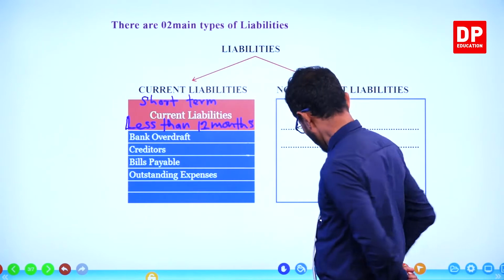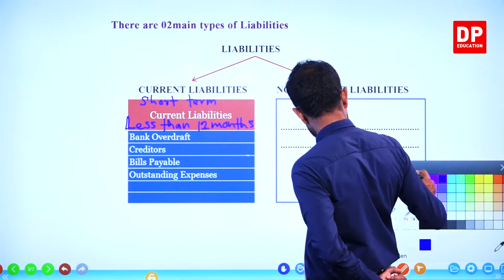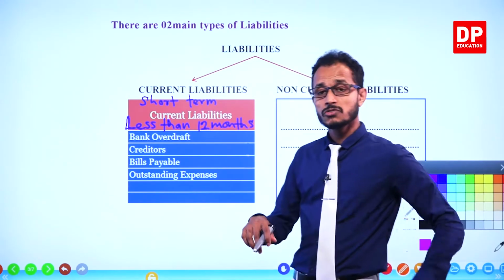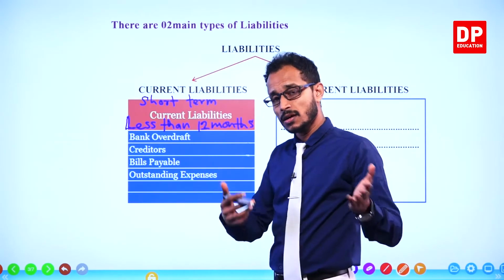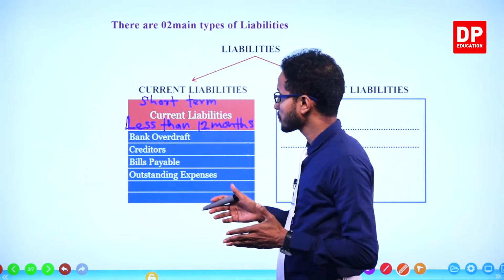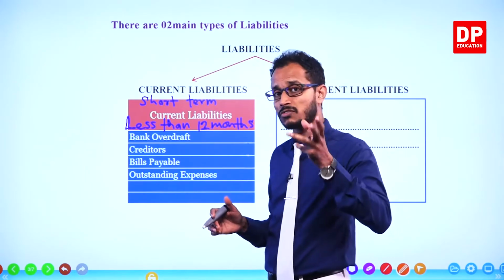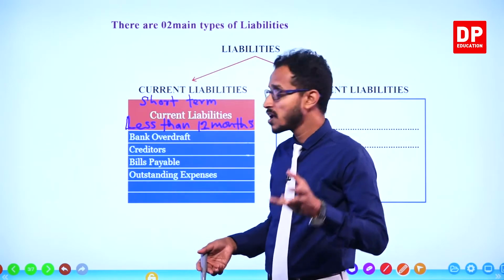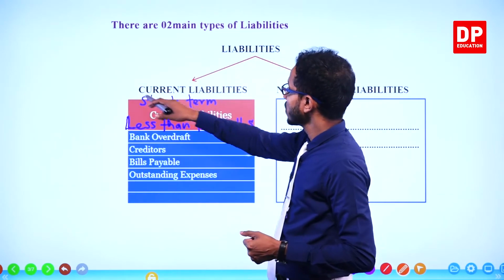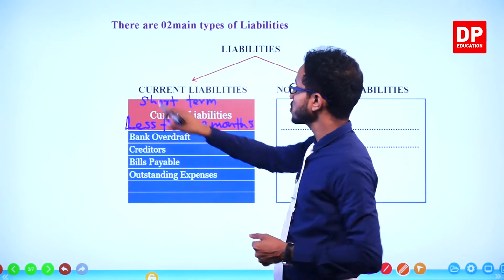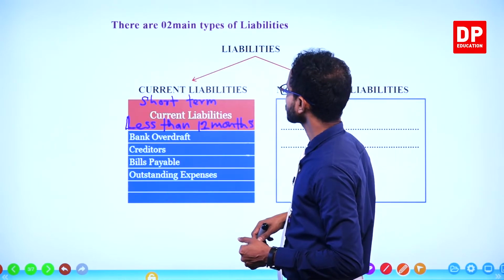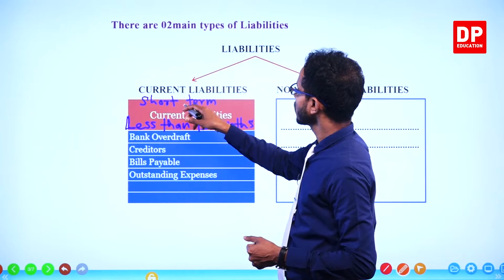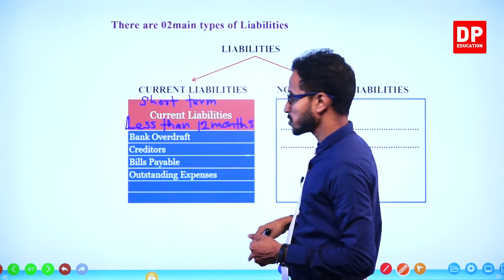Current liabilities. Just for the students who are joining us in this session and have not watched the previous sessions, I will write: current liabilities means short-term liabilities, less than 12 months.